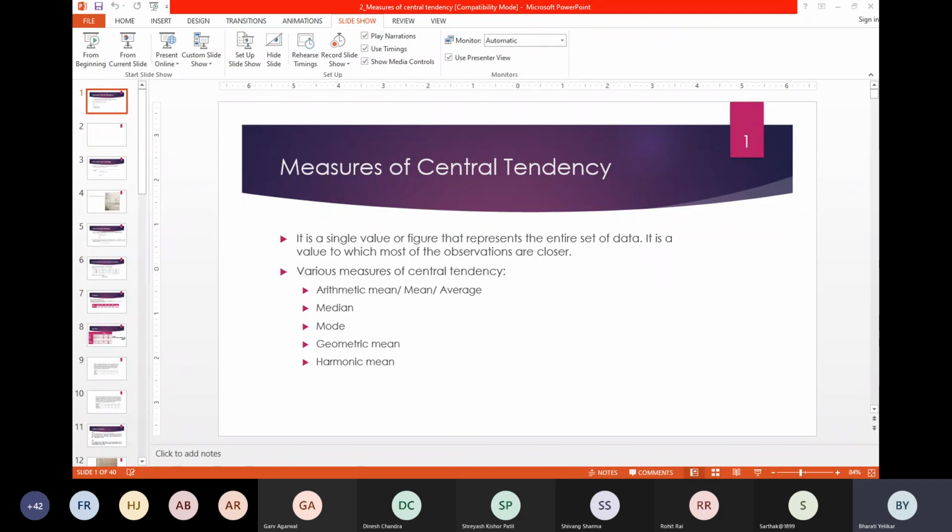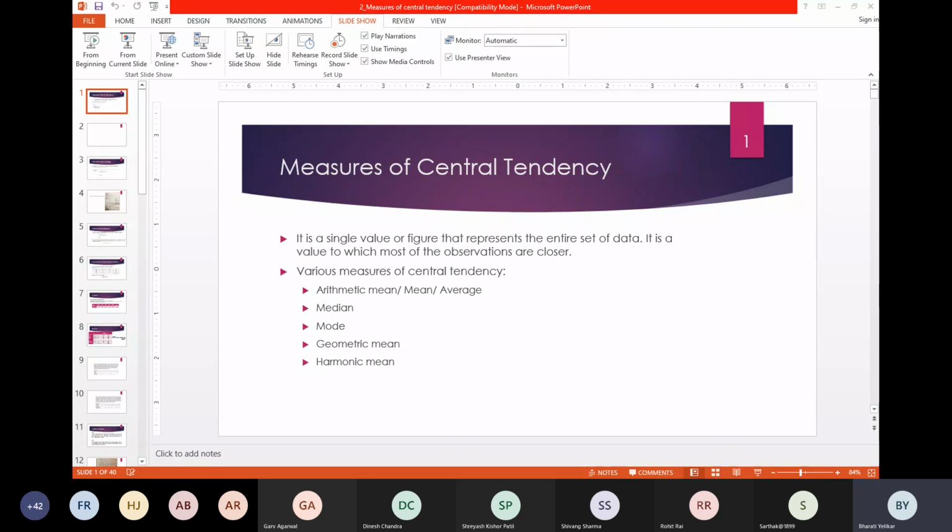Is that clear? Okay, so descriptive statistics. I will give you a hint. Descriptive statistics is concerned with describing or summarizing the numerical properties of data. That's why this comes under descriptive statistics.